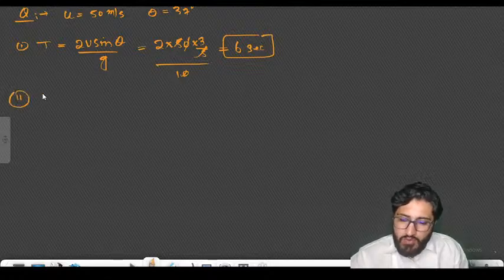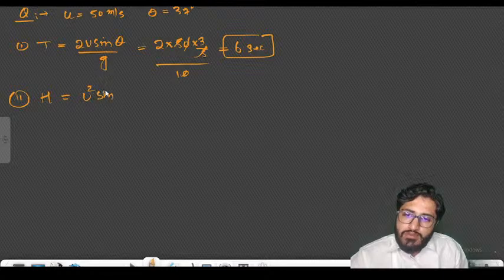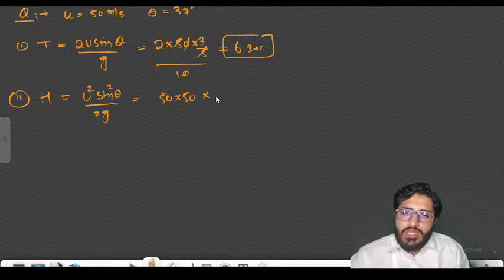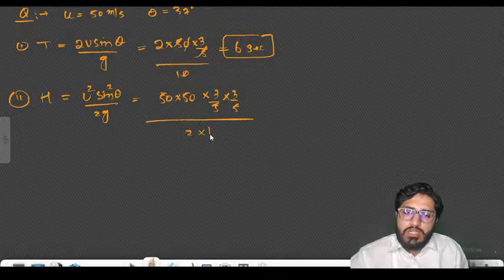Second part, height. Is it u square sine square theta divided by 2g? So u is 50, so I can write 50 multiplied with 50. Sine square theta will be 3 by 5 multiplied by 3 by 5, whole divided by 2 into 10.